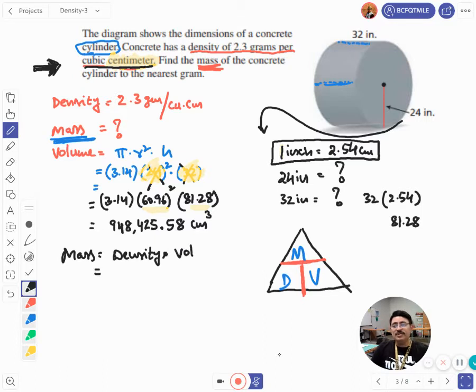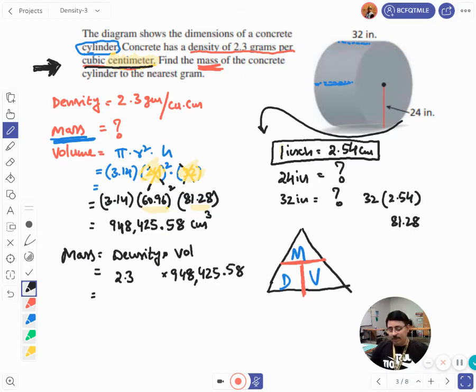What is the density? Just bring it and plug in here, which is 2.3 times. And what is the volume? Oh my gosh, this is such a large number. This one is 948,425.58.